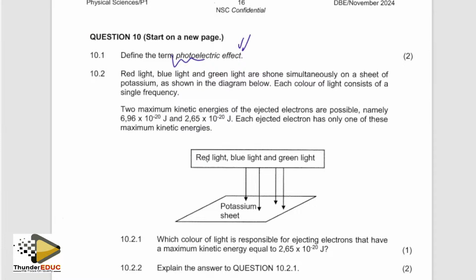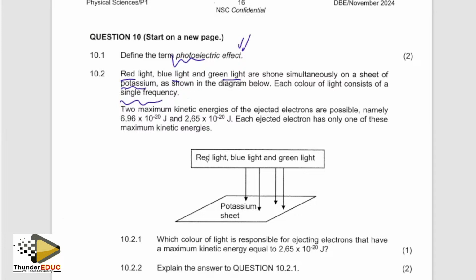10.2, they're telling us we have red light, blue light, as well as green light, shown simultaneously on some potassium metal, as shown in the diagram. Each color of light consists of just a single frequency. We have two maximum kinetic energies of the ejected electrons which are possible.